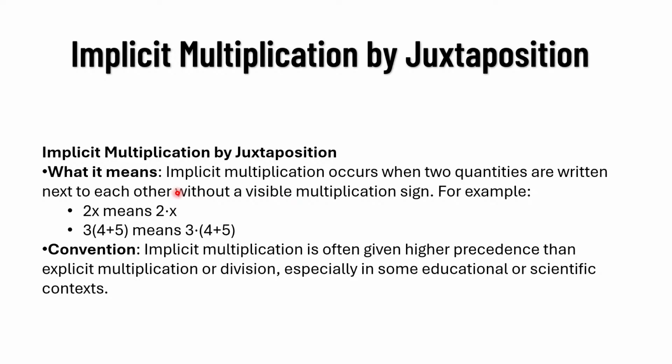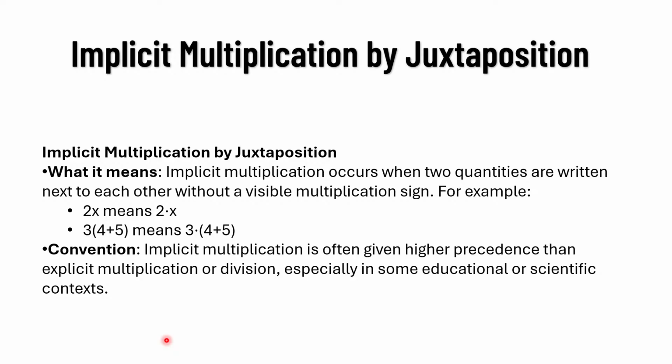So again, implicit multiplication by juxtaposition. Implicit multiplication occurs when two quantities are written next to each other without a visible multiplication sign. For example, 3 multiplied by 4 plus 5 means the same thing as 3 times 4 plus 5, with or without a symbol. Now, there is a convention that actually conflicts with multiplication and division.